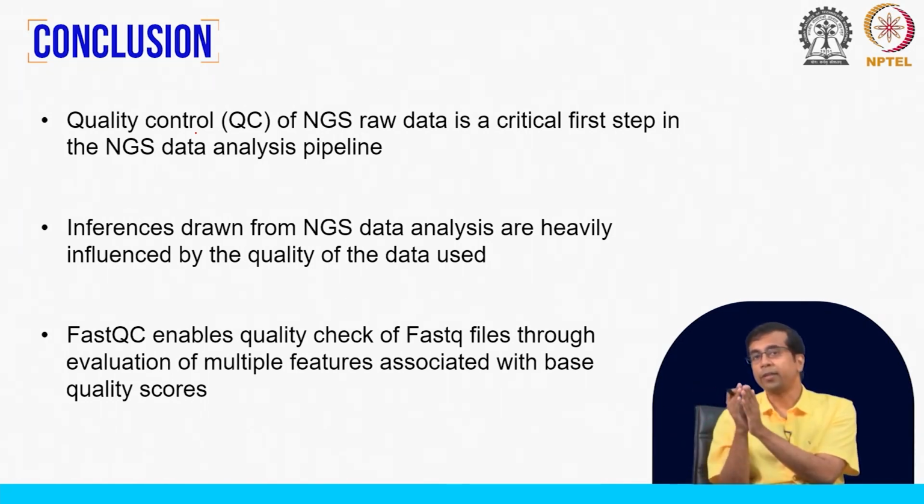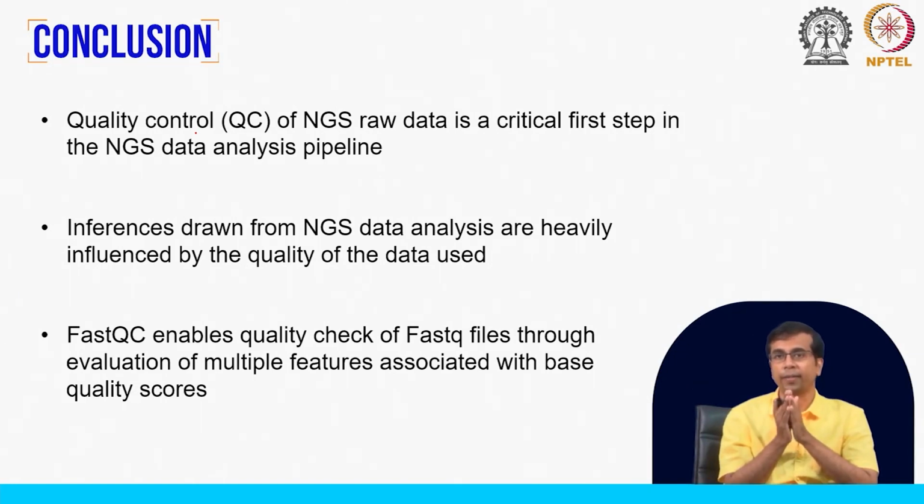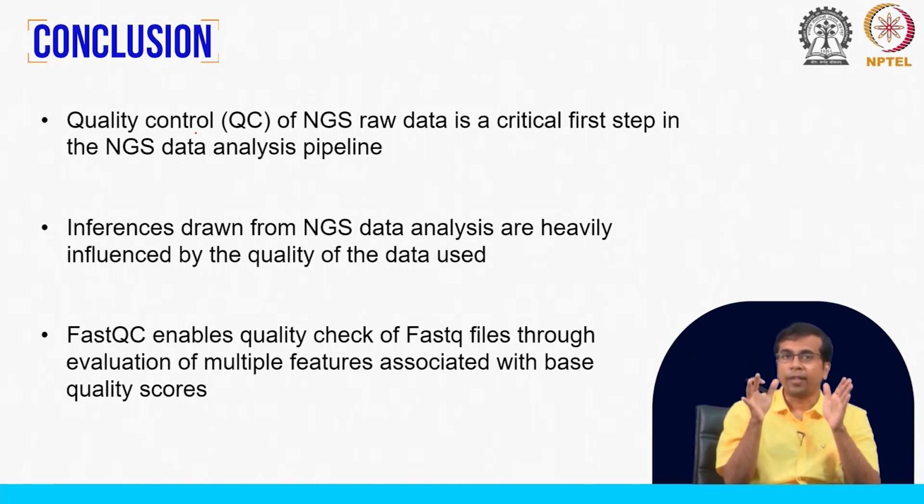It turns out that there is a way, and we will discuss this in the next few classes and also do it hands on: read trimming. We can trim the reads of the low quality region and just work with the good quality regions. This is something that is possible.